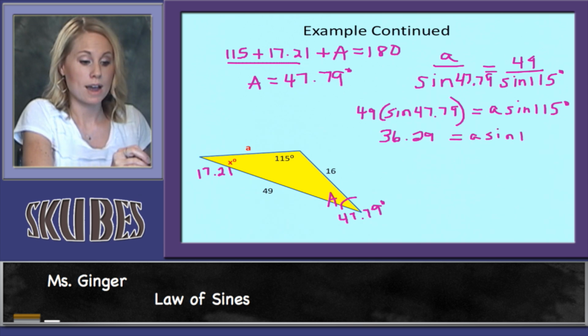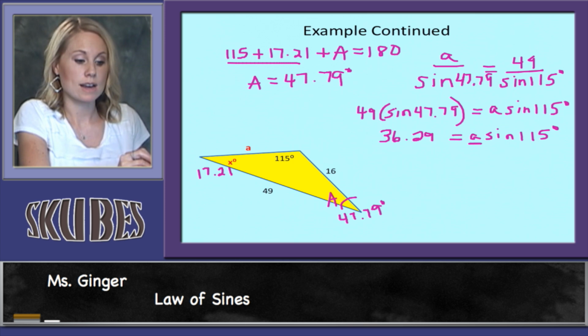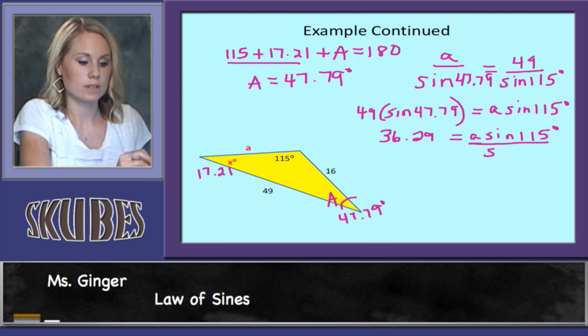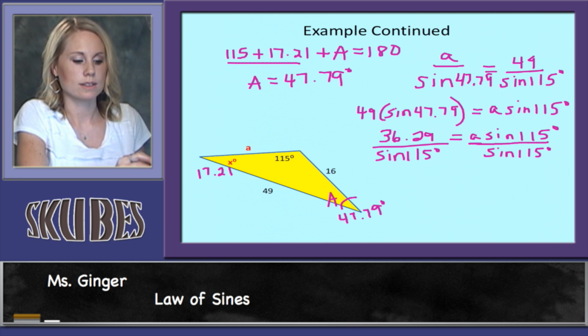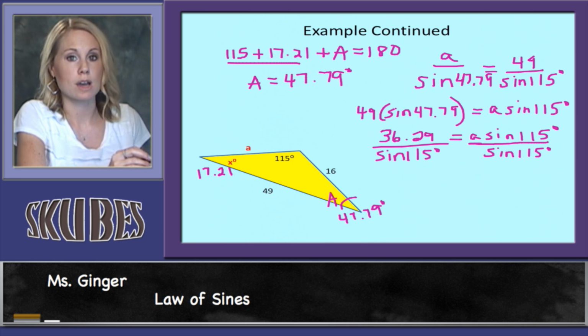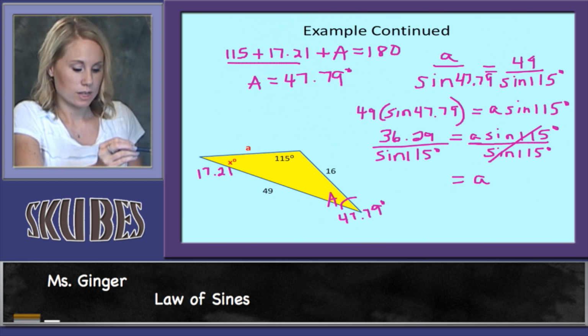Now I'm trying to get A isolated. That's what I'm looking for, this guy right here. So I will now divide out sine 115 from both sides. So to sort of detach that there. It is attached to A with multiplication, so I'm doing the opposite, division. And that will leave me with A isolated, so that's a good thing.